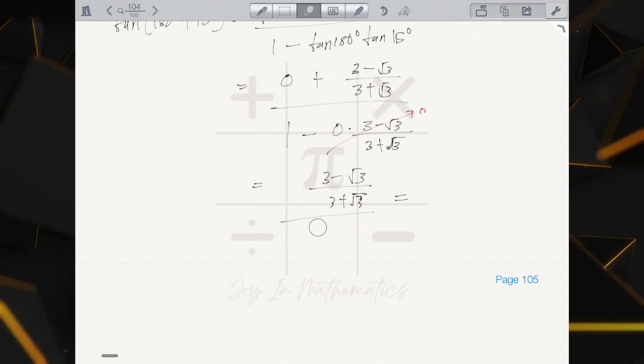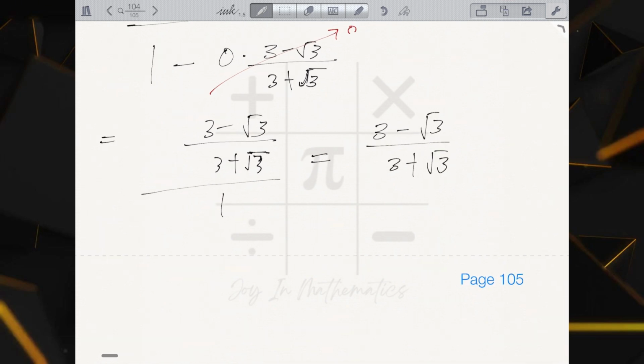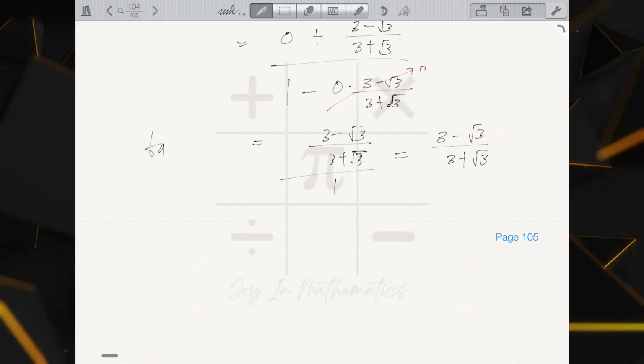So everything is being divided by 1, which is equal to 3 minus root 3 divided by 3 plus root 3. So now this is an expression for tan 195 degrees.